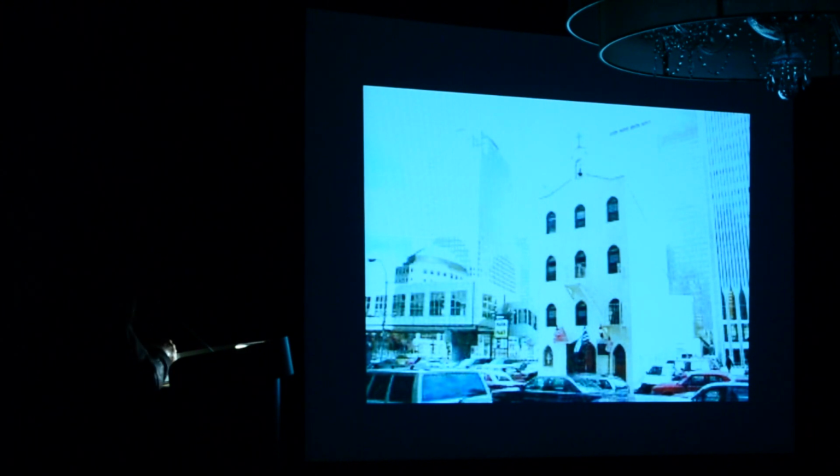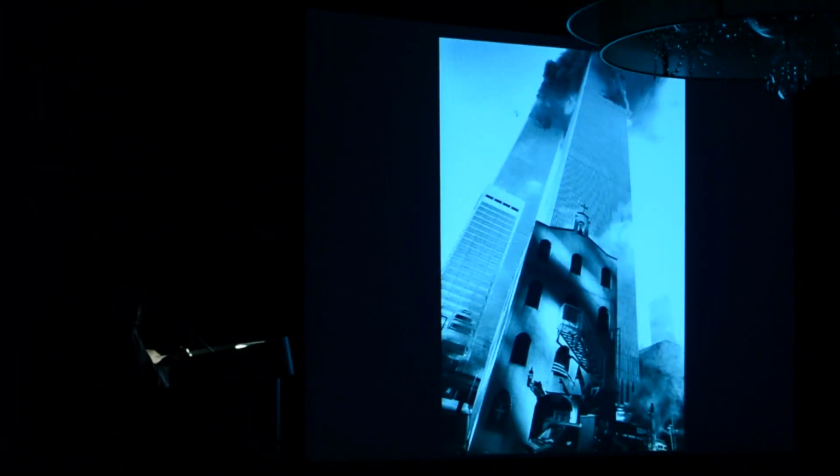So here comes September 11, and here is a picture. You can see the first picture after the first plane hits one of the towers. See, it's one rare photograph taken from the front of the church and looking at the back, and you can see already the smoke up there of the two buildings.